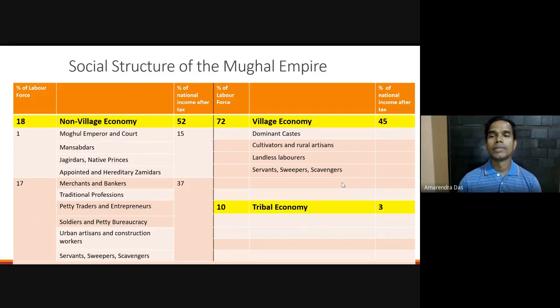The tribal economy contributed 3%, and their share in the total labor force was about 10%. So this gives a summary picture of the contribution of the rural economy and urban economy to the national income of India, that was undivided India, Pakistan, and Bangladesh.